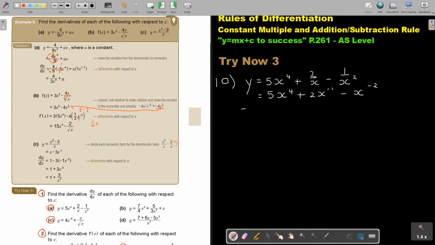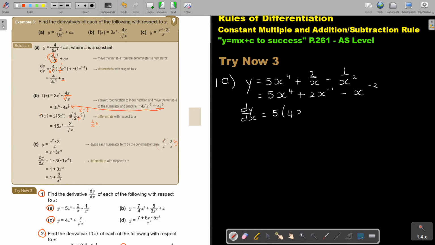Now I'm ready to differentiate. So I'm going to get dy over dx. Okay, later on I will multiply, but for now, let's just write the 5 and differentiate the function.